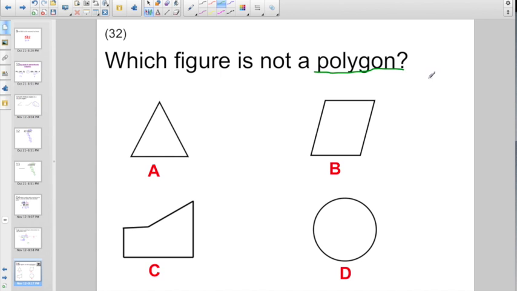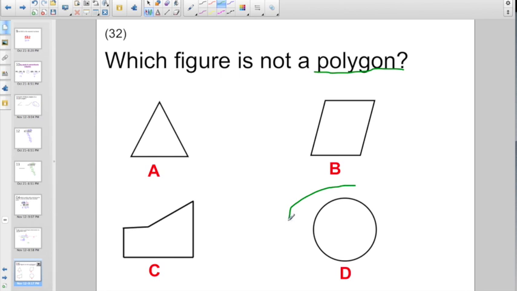Line segments are straight pieces of line. So that's an enclosed shape made by line segments. This is an enclosed shape made by line segments. This little pentagon guy over here, he's an enclosed shape made up of line segments.